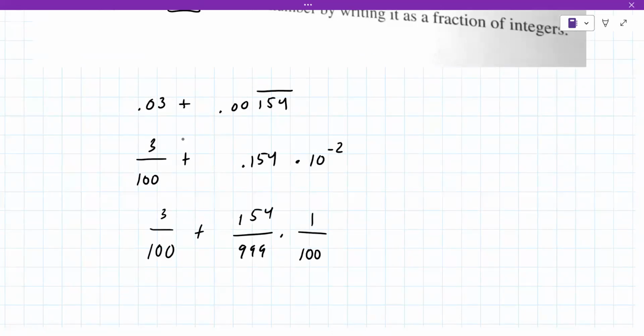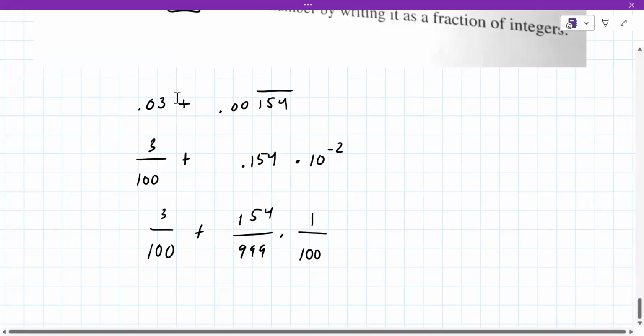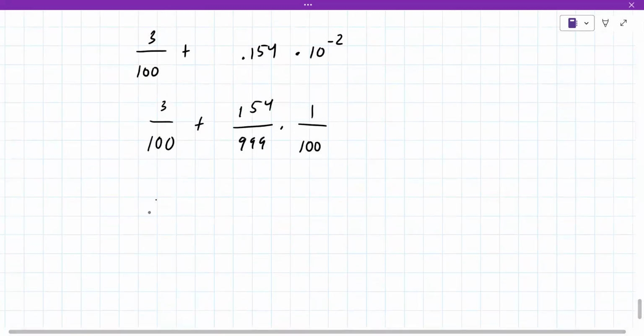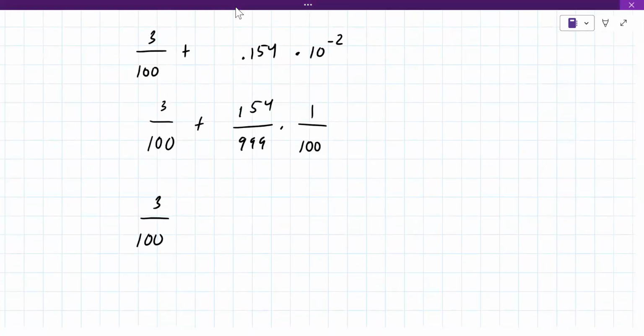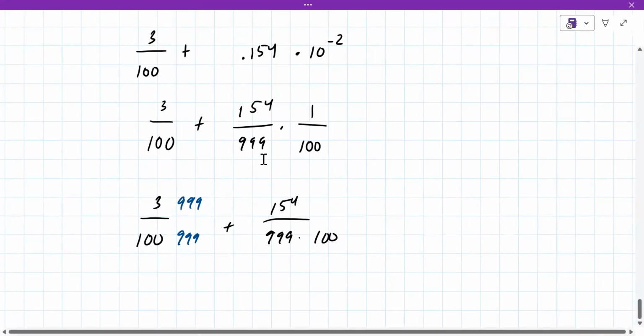And so your instructor probably wants a common denominator. So the common denominator you get by multiplying the left top and bottom by 999. That's the simplest thing. So it's pretty bad here.